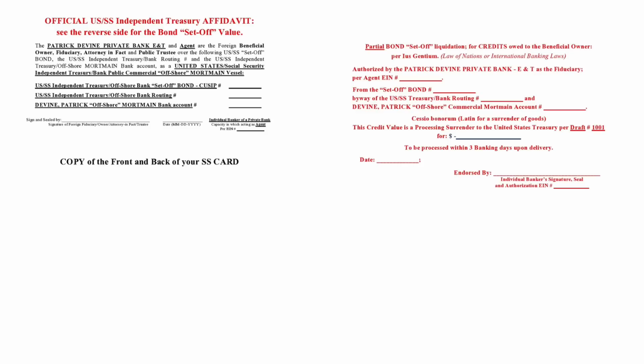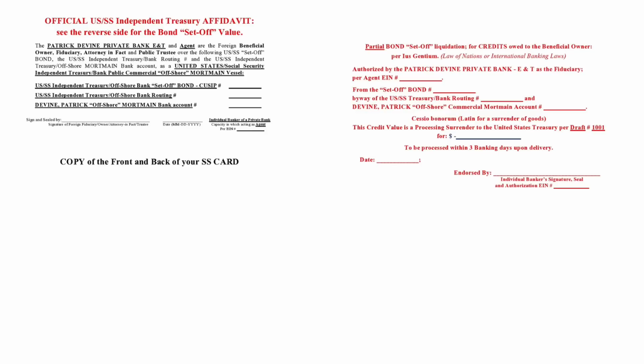It was basically the US-SS Mortmain Vessel Affidavit example. Ah, okay. 1029. And basically, you have to put a copy of the front and back of your Social Security card on the front side of that document. And then basically, you do the endorsement on the back. And it's pretty much right there.